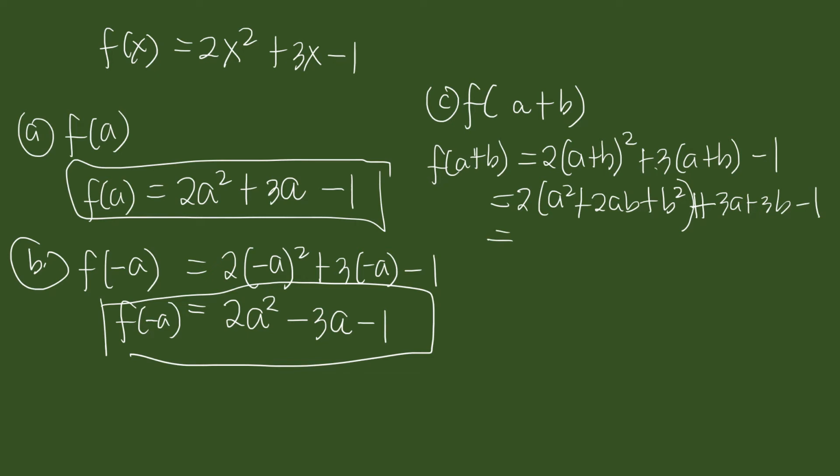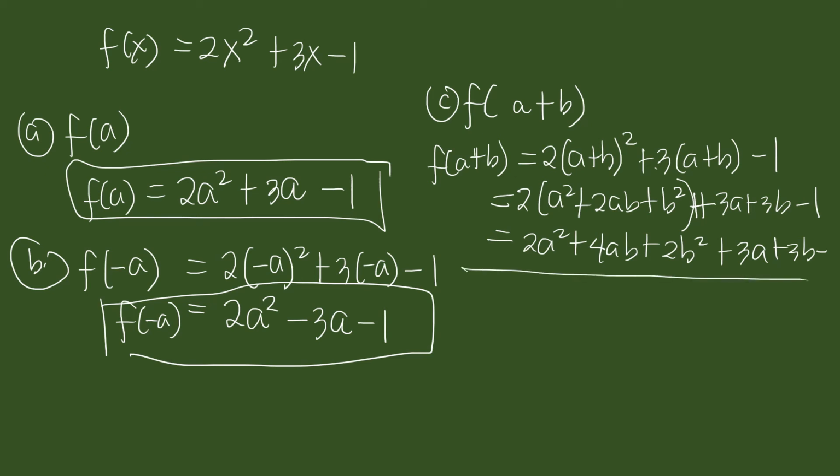So let us first expound this: 2a squared plus 4ab plus 2b squared plus 3a plus 3b minus 1. Okay, so let us check. You first check whether there are similar terms that you can combine. Based on this, we can deduce that there are no similar terms. Therefore, this would be your output value.